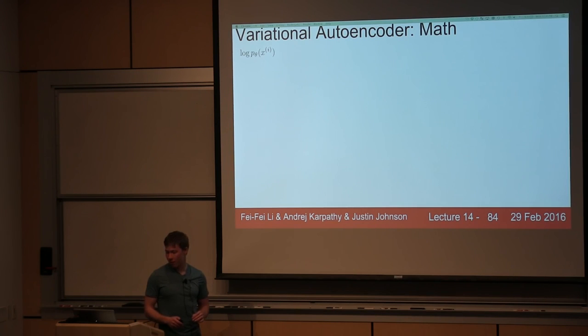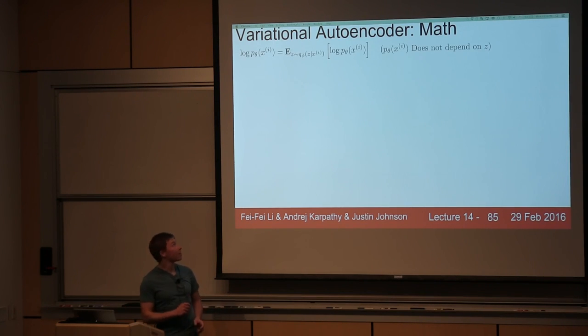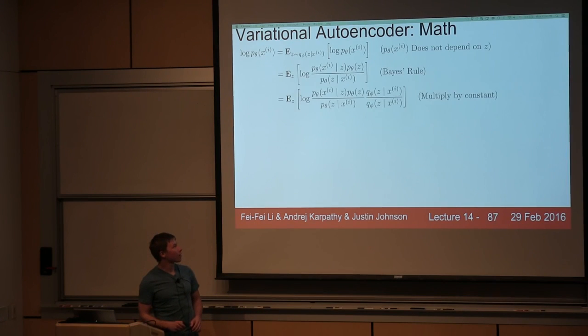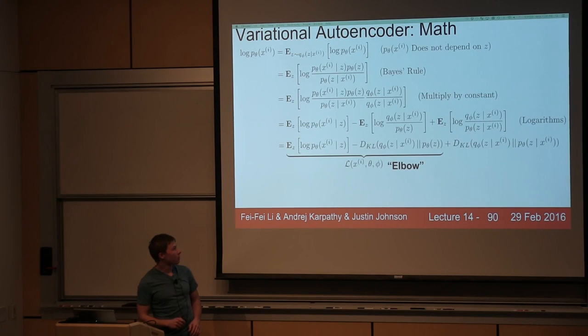So instead, the variational autoencoder does this thing called variational inference, which is a pretty cool idea, and the math is here in case you want to go through it. But the idea is that instead of maximizing the log probability of the data, we're going to cleverly insert this extra constant and break it up into these two different terms. This is an exact equivalence that you can maybe work through on your own.